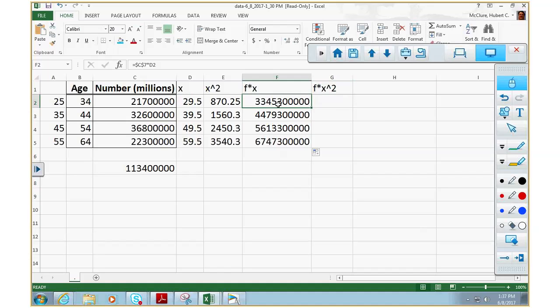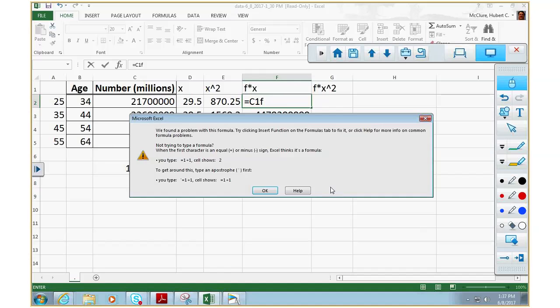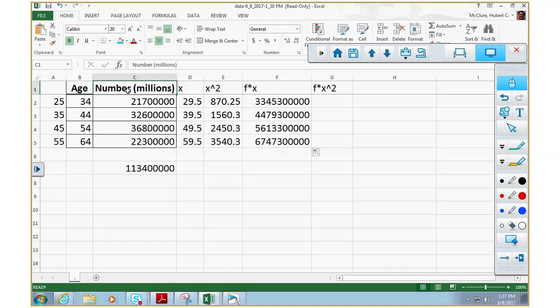I'll check it. Hold on. F. That F is okay. I'm sorry, that's F. I can't change it. Okay, I might as well just quit. Hold on. F. There. And then F times X. There we go.